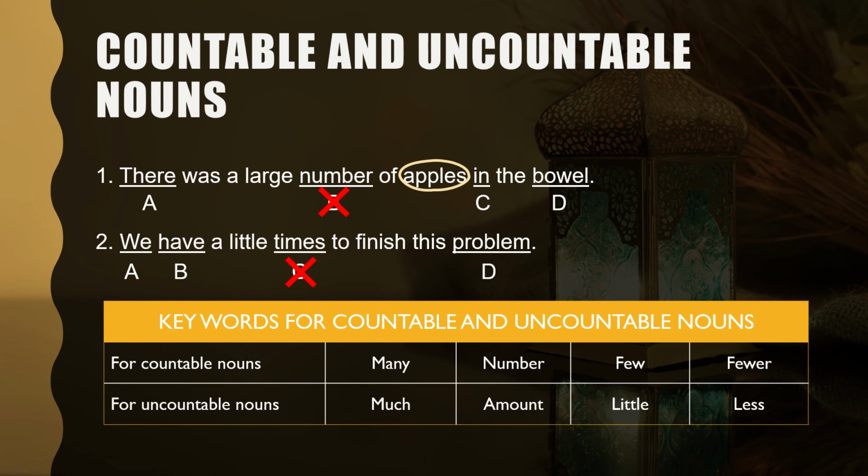It means you have done something more than 1 or 2. It's so many times, berkali-kali. However, little means sedikit. Sedikit kali is not appropriate. It's weird. So it is incorrect grammatically.